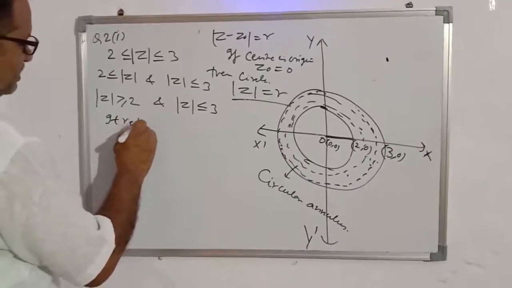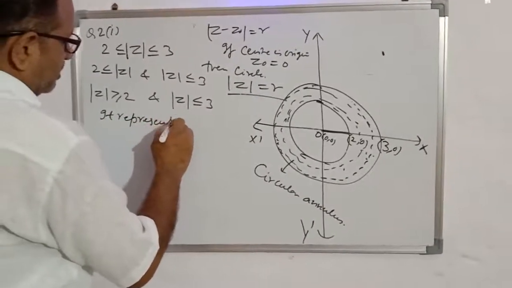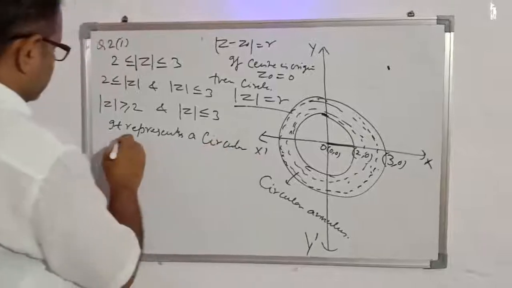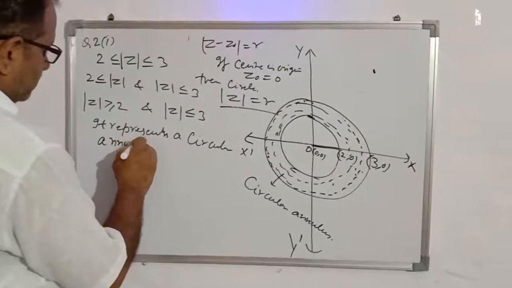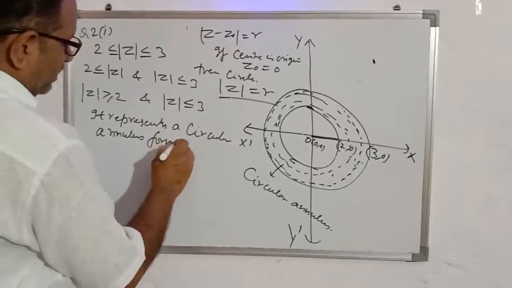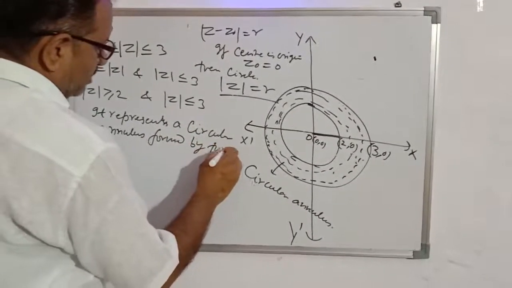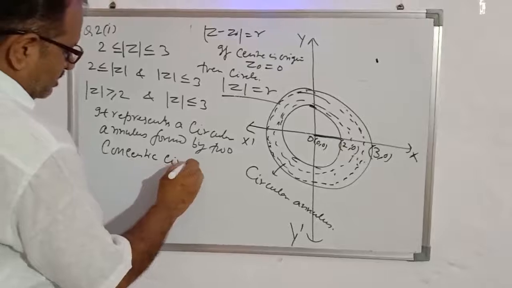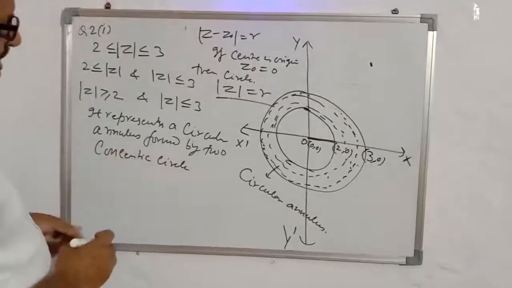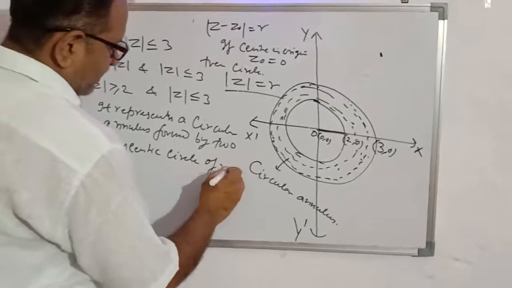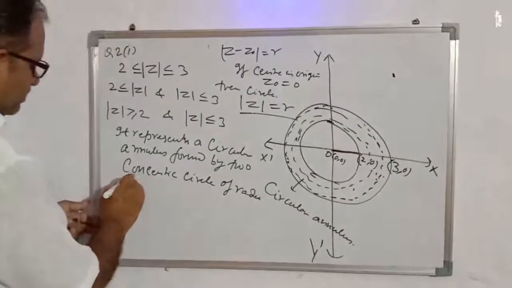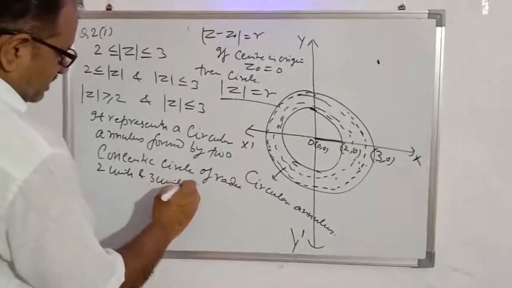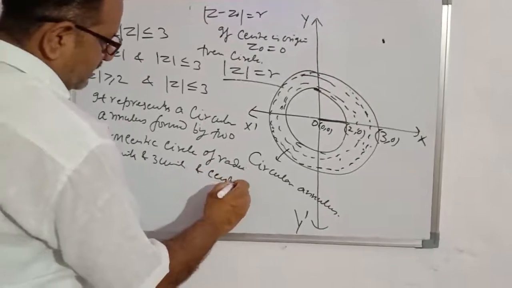It represents the circular annulus formed by two concentric circles of radii 2 units and 3 units and center origin.